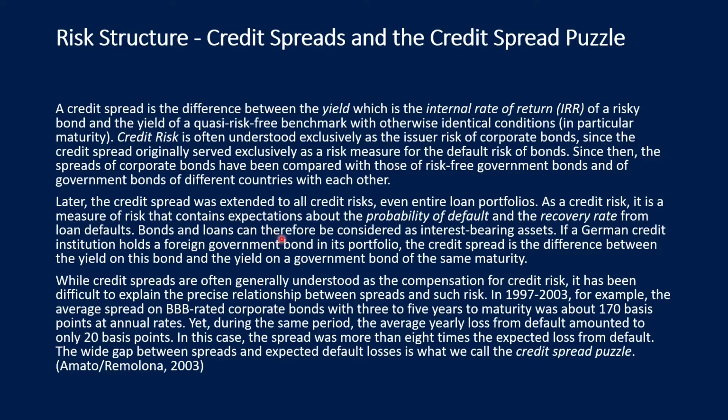Bonds and loans can therefore be considered as interest-bearing assets. If a German credit institution holds a foreign government bond in its portfolio, the credit spread is the difference between the yield on this bond and the yield on a government bond of the same maturity.